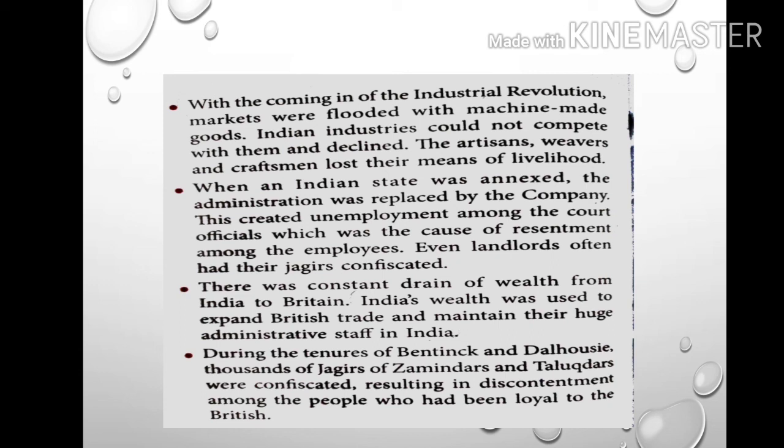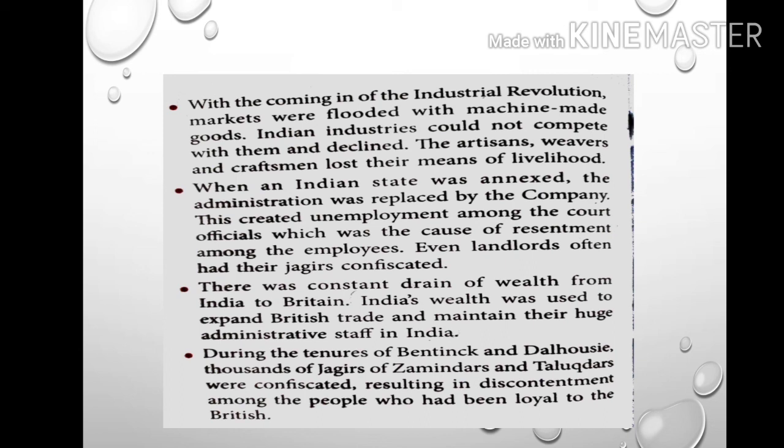First peasants, then artisans, weavers, and now, when a certain state was annexed, its administration was replaced by the company, and officials from the company started working on day to day administration. So people who were initially appointed as administrators became unemployed. So these people too were against the British rule.